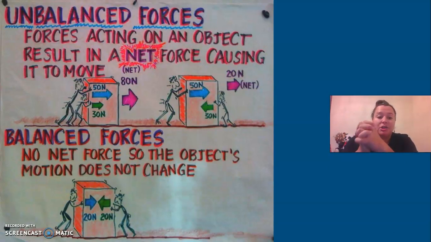You're just as strong as one another, so it causes no immediate motion with the hands either way. Same thing if you were playing tug of war and both teams were equally strong, then the rope wouldn't move to either side. It would just stay in the middle until one side gave up.